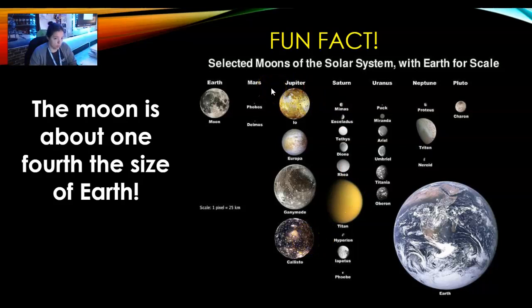Mars's moons, Phobos and Deimos, are much smaller than our moon. And then you can see Saturn's moons, Uranus's moons, Neptune's, and although it says Pluto, Pluto is no longer considered a planet, but more a planetoid. I think they found that Charon and Pluto kind of orbit each other a little bit.